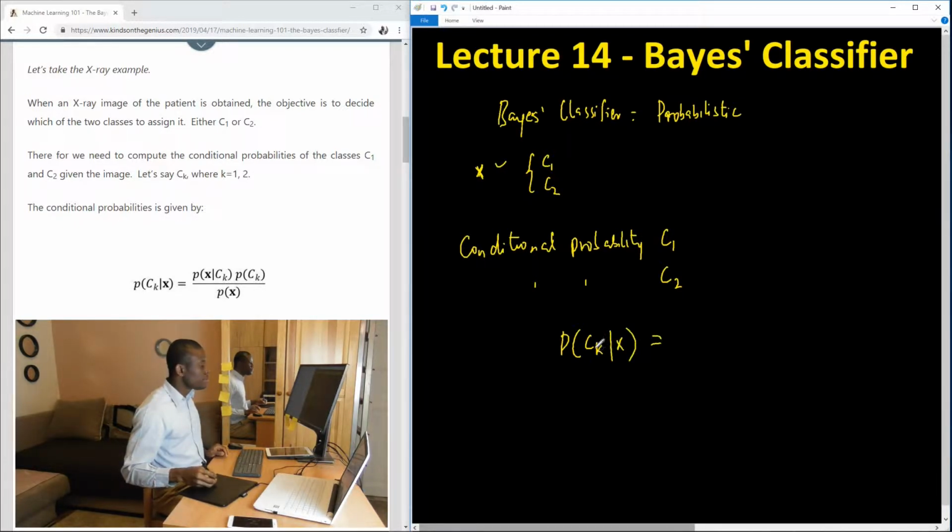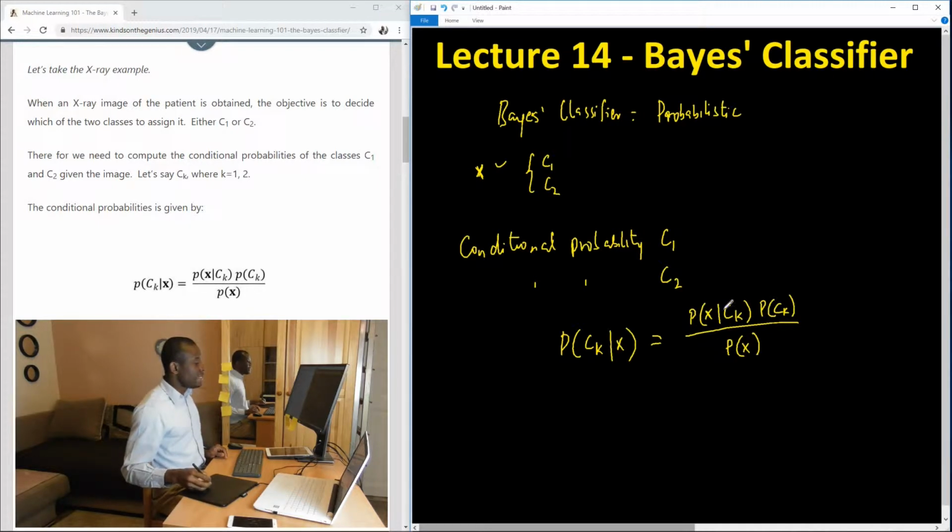I'm going to write it: the conditional probability of CK given X, X belonging to class K, is equal to the conditional probability of X given CK, times the marginal probability of CK, divided by the marginal probability of X.